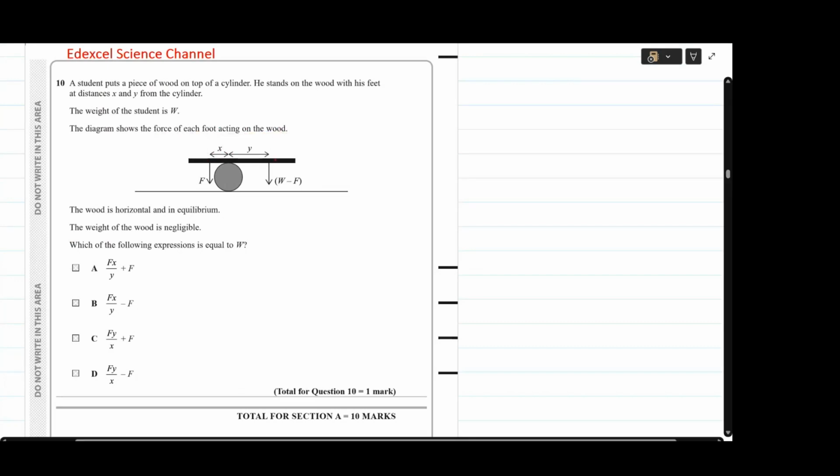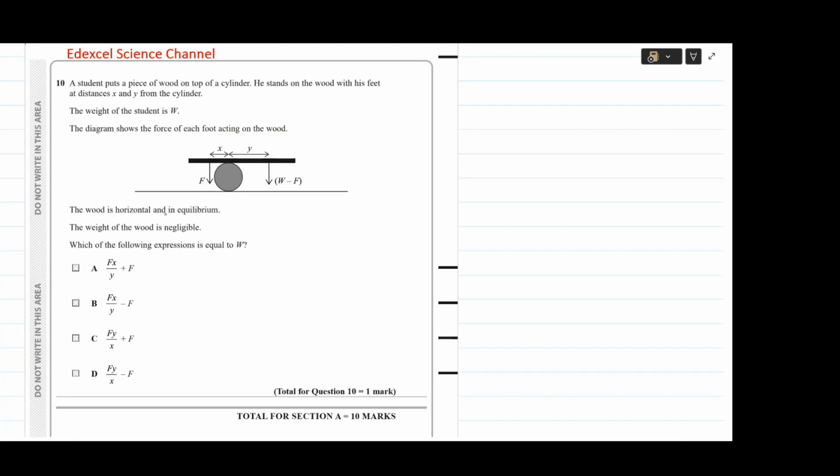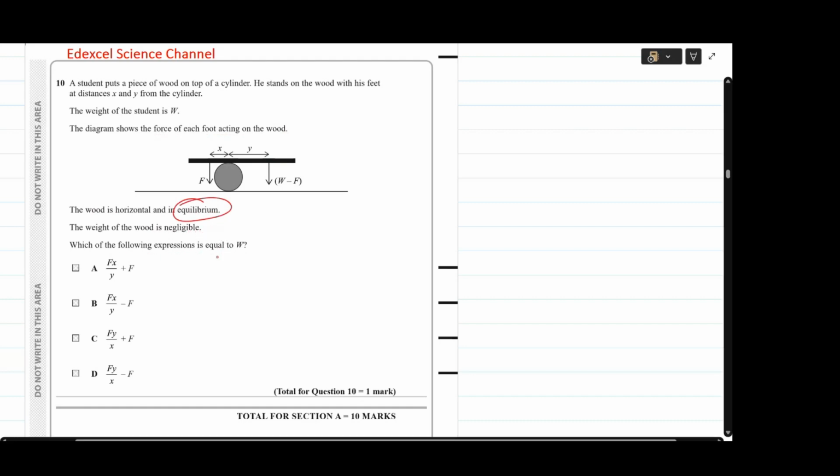The wood is horizontal and in equilibrium. This is a very important point: the weight of the wood is negligible. Which of the following expressions is equal to the weight of the person?